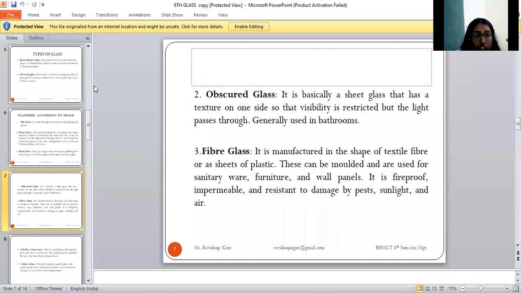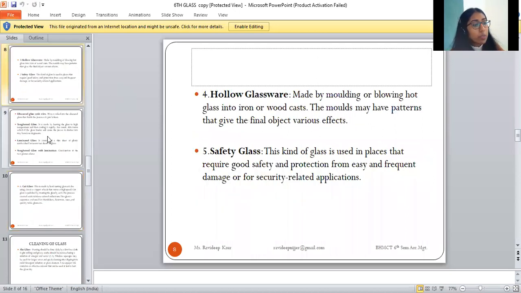Some of this type of glass has a texture on it, which lets light pass through with a little restriction. This kind of obscured glass we can generally find in washrooms and bathrooms, where it is used the most.